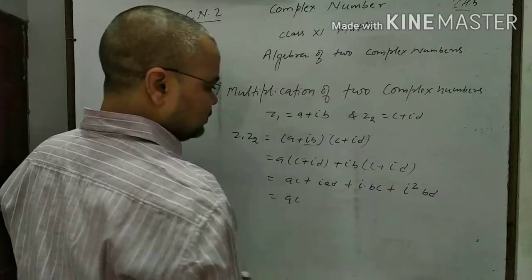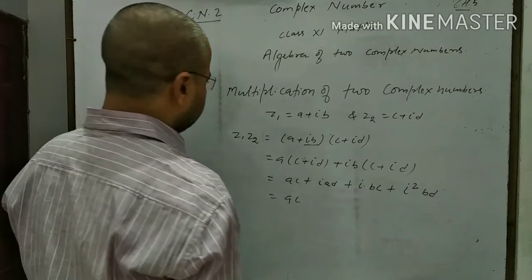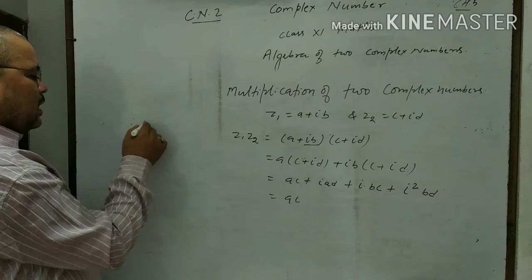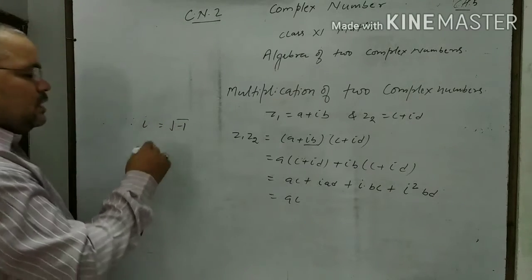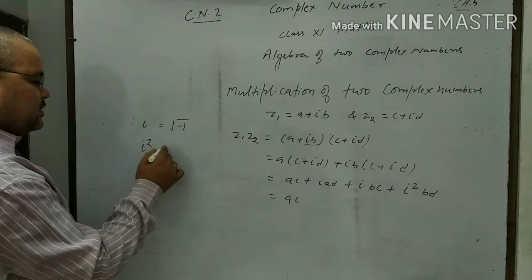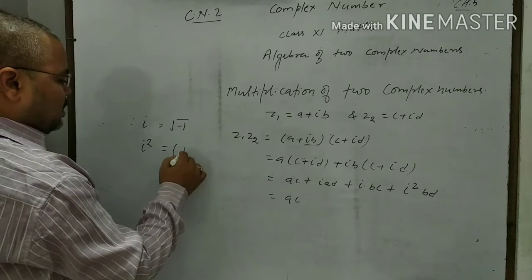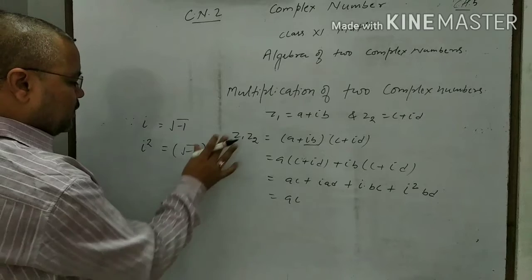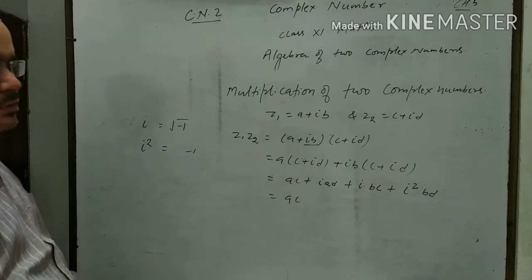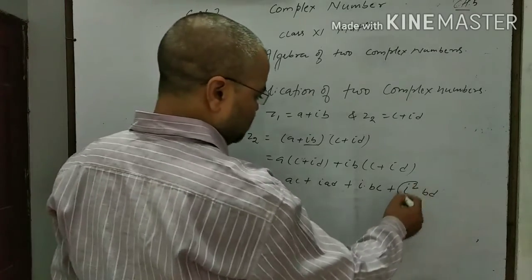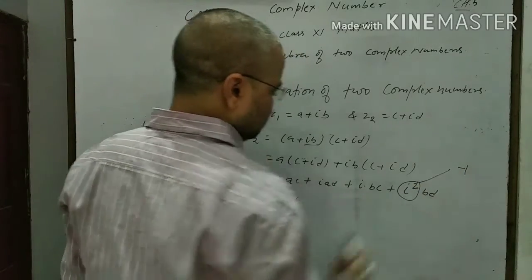Here ac, and we know that iota i is equal to under root minus 1. Squaring on both sides, i square is equal to (under root minus 1) whole square, and its value will be minus 1.